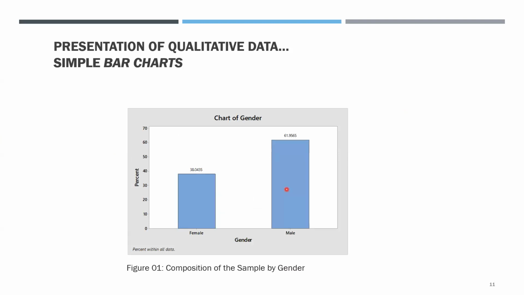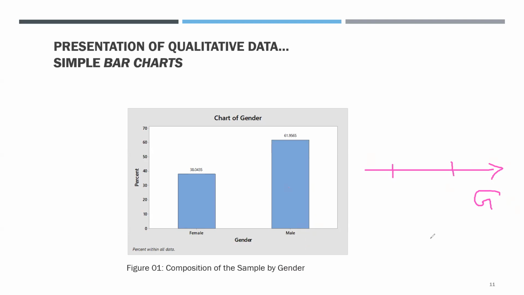If you want to draw a bar chart, first of all, normally your horizontal axis represents your categorical variable. Here, in this case, the categorical variable is gender.